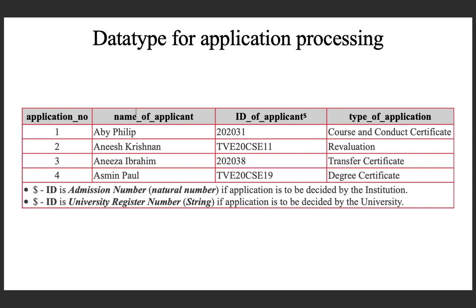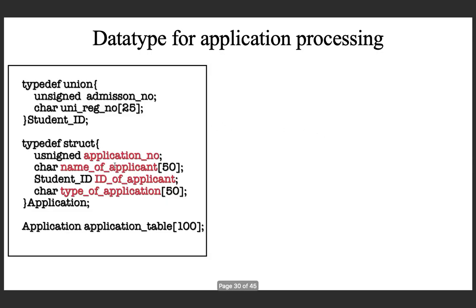This is exactly what we did. Application number, which is just a number, the name of the student is a character array, ID of the applicant is either the admission number or register number, then finally the type of application is a character array. Okay, so we got the data type.